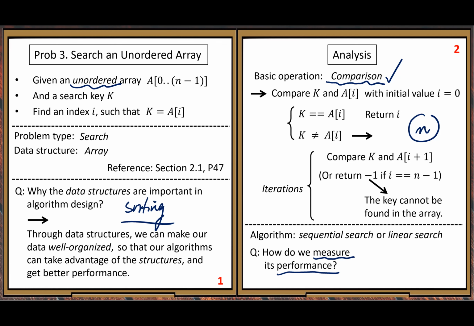So when you type a keyword in the search bar of a search engine, the search engine will use that keyword to do the search in a pool of data. A pool of data, right?